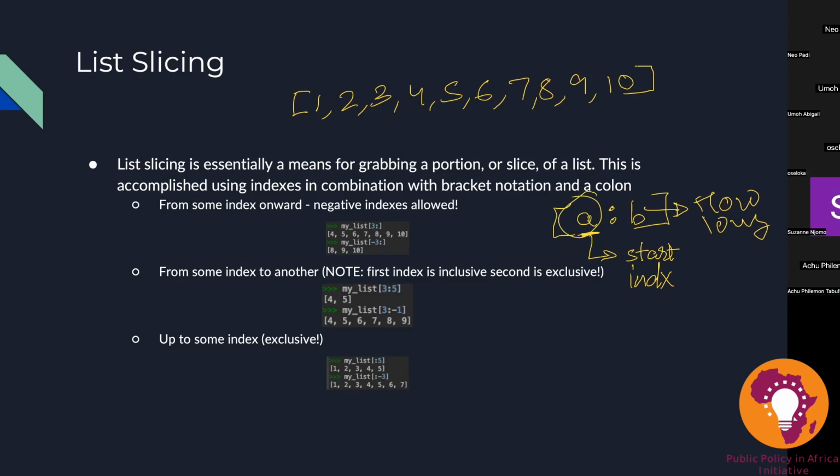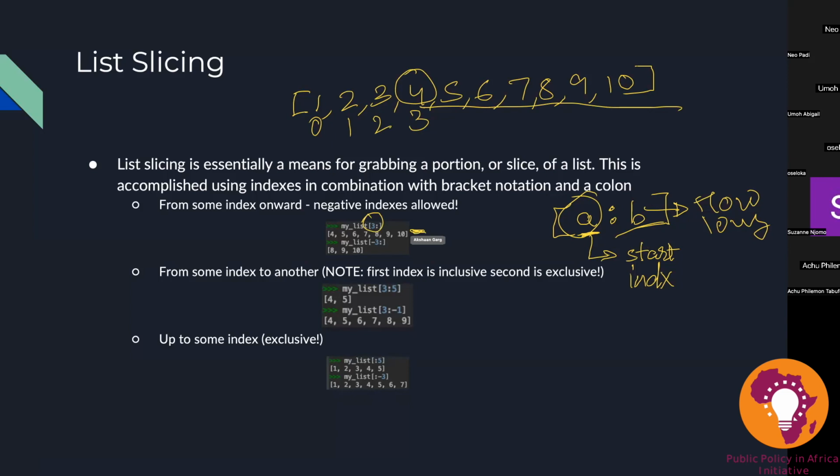We have 3, so 3 is the starting index. So let's see, what is index 3? 0, 1, 2, 3. So this is our starting index. The second number is not specified, so we just ignore it and keep going till the end.